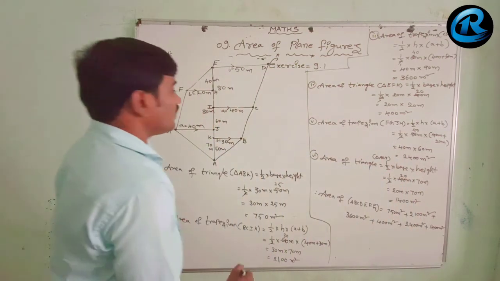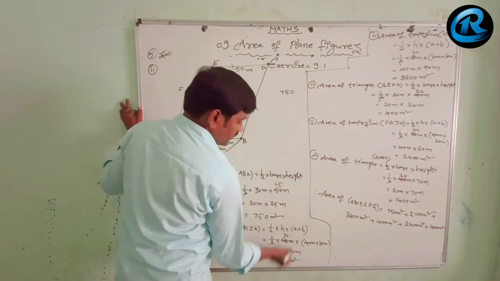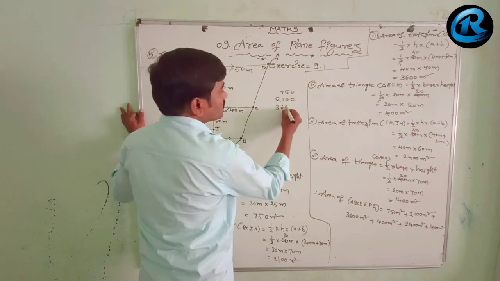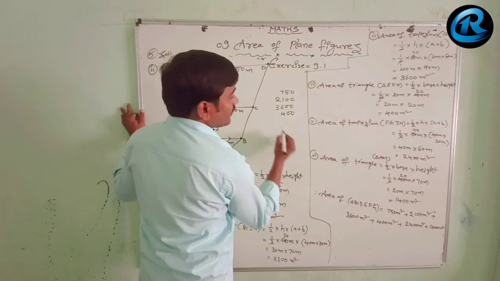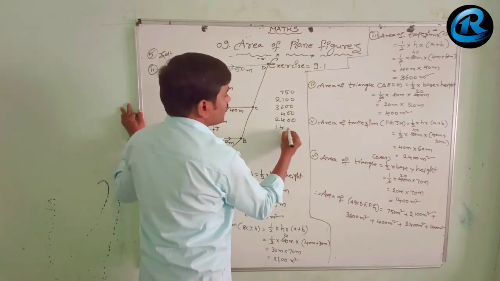Let us add that all. Here we will get it 750, then 2100, then 3600, then it is 400, here it is 2400, here it is 1400.